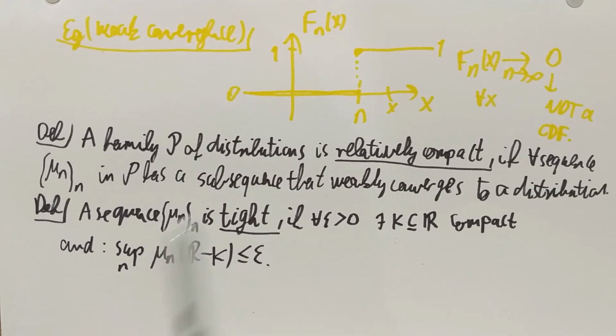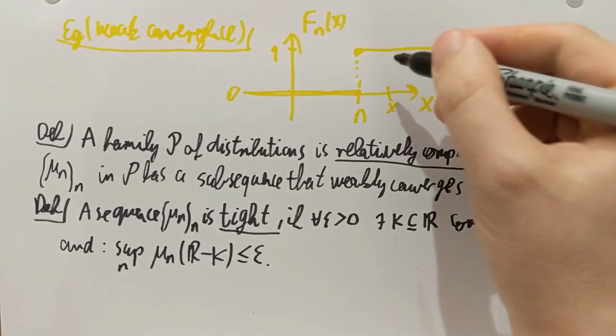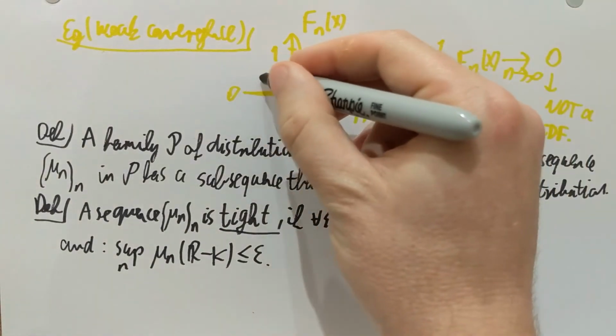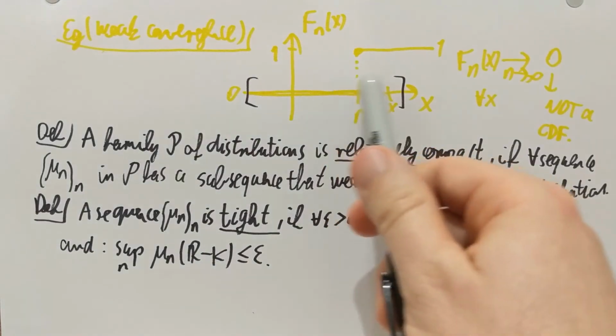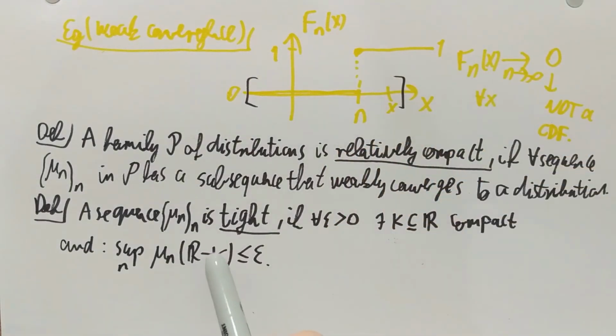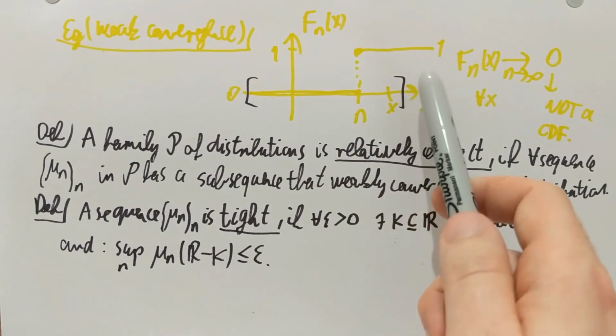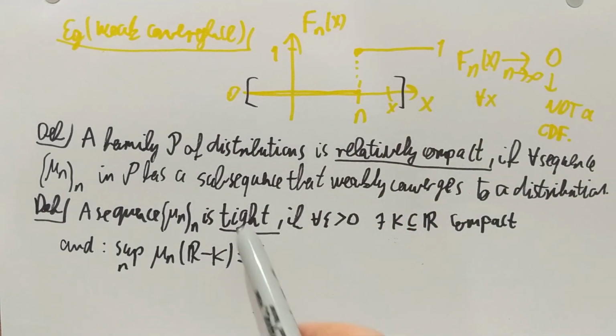Obviously in this example, if I try to pick any compact interval, then eventually the weight will escape this compact interval, and the weight outside will eventually be 1, so this supremum is 1, so that example is not tight.